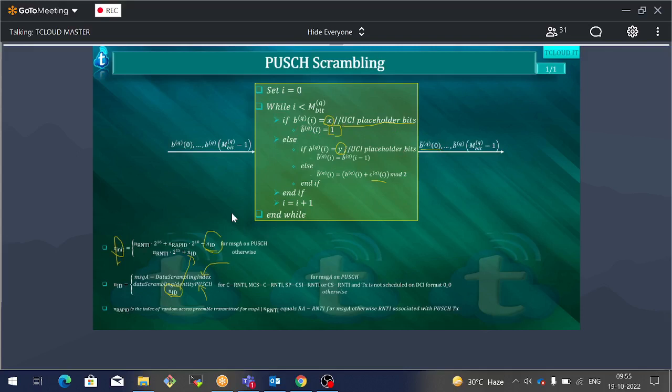Otherwise, if it is Y kind of bits, then the output bit is equal to the previous bit of b(i-1). So it is like that. But it is some way of scrambling the data, which obviously is known to both the mobile equipment and the gNodeB. They will be able to descramble it. Especially in case of UCI, there is a special way of scrambling. But for the data part, you scramble with the normal mechanism.